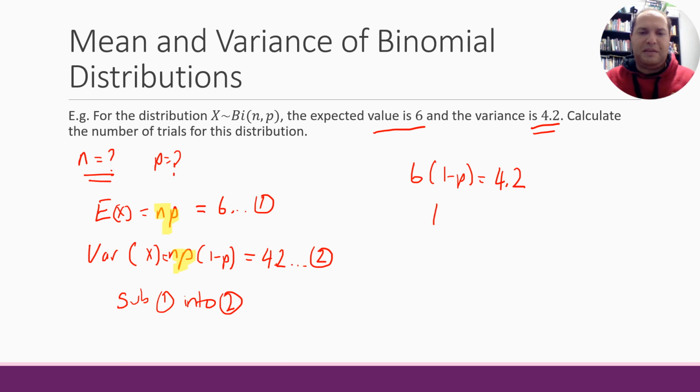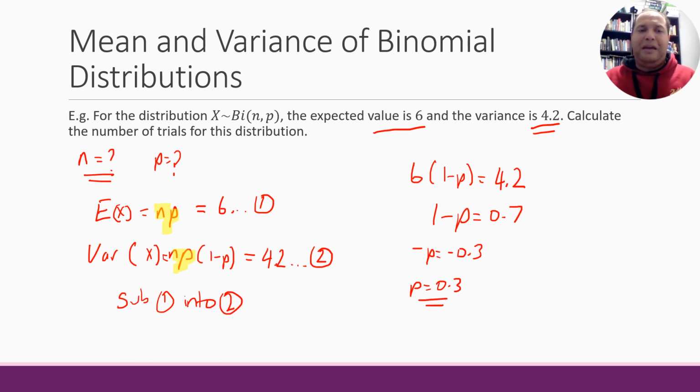Divide both sides by 6. 1 minus P equals 0.7. 42 divided by 6 is 7, so 4.2 divided by 6 will be 0.7. Negative P equals negative 0.3. P equals 0.3. Excellent.